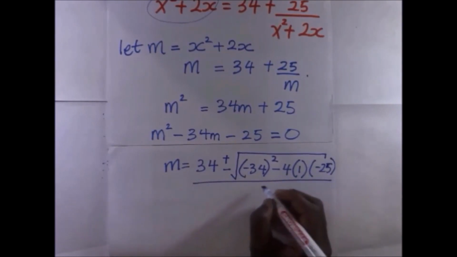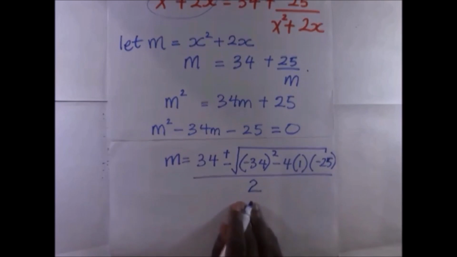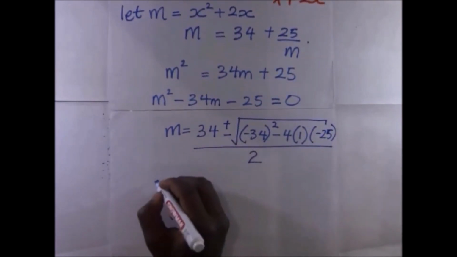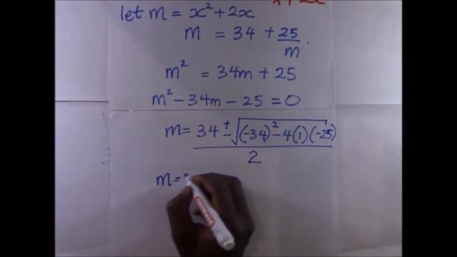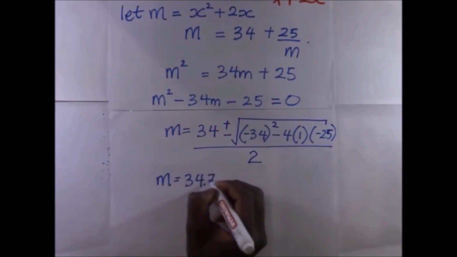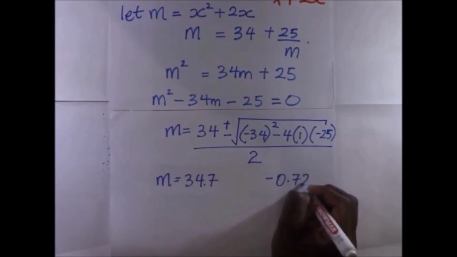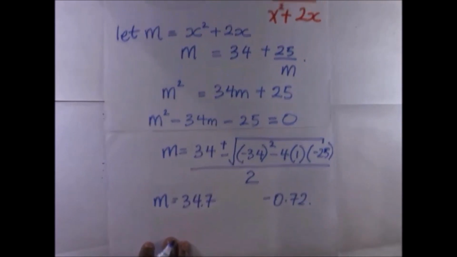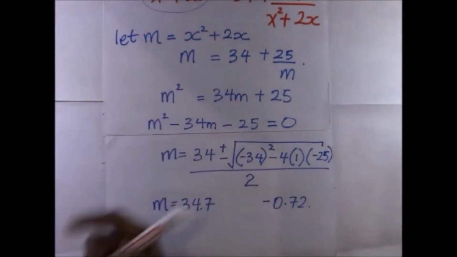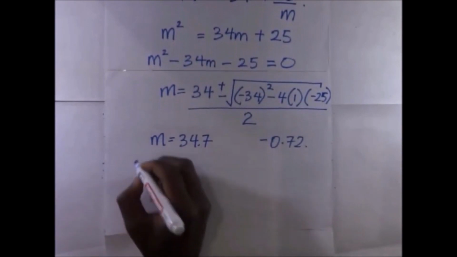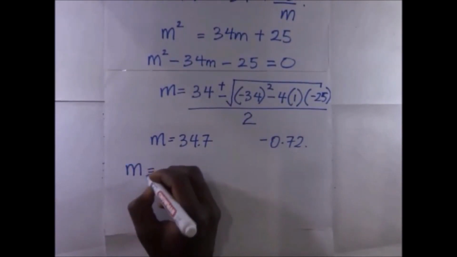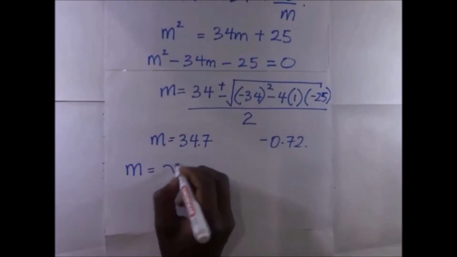All that, divide that by 2. So from here, our value of m is either going to be 34.7 or our value of m is going to be negative 0.72. But now remember, our m is x squared plus 2x.